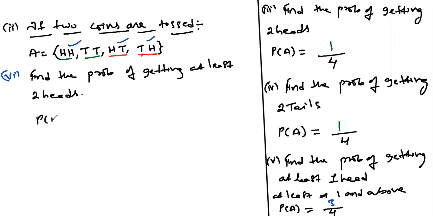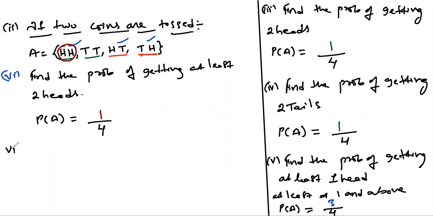So P of A is equal to, at least two heads means two is compulsory, two and above. Two and above, is anything there? Nothing is there. Only one is there. So total is 4. And this is the only one condition we have. 1 by 4.